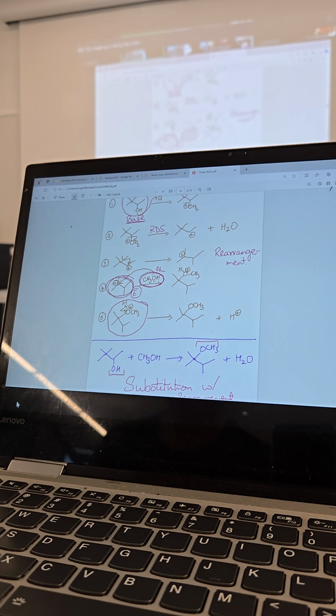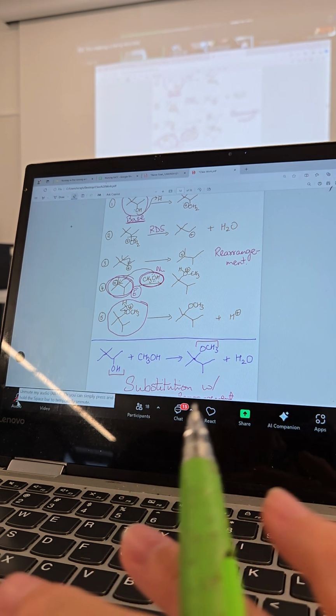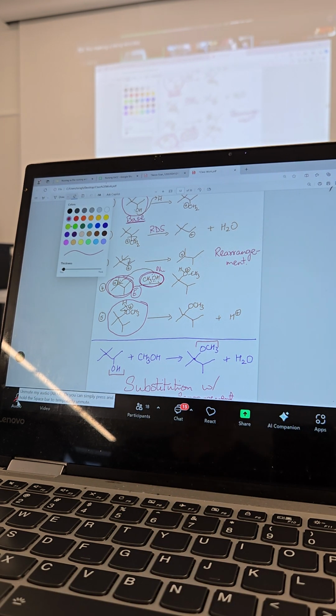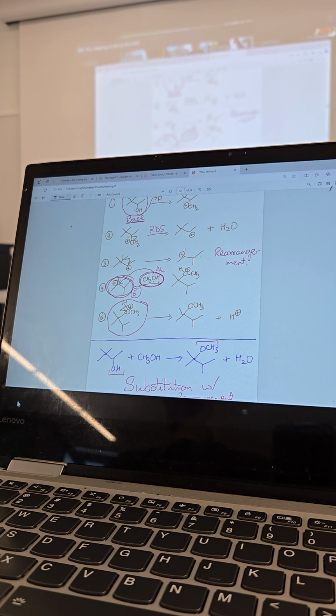If it's going to give a proton, then it is an acid, exactly. So from now on, when we talk about an acid, anything that gives a proton is an acid. Anything that takes a proton is a base. Anything electron rich going to an electron poor species is a nucleophile and vice versa.